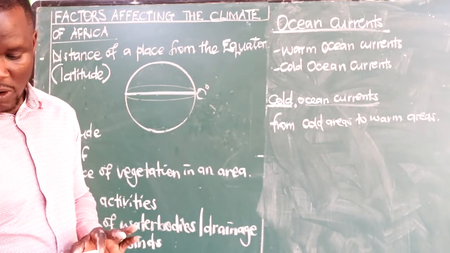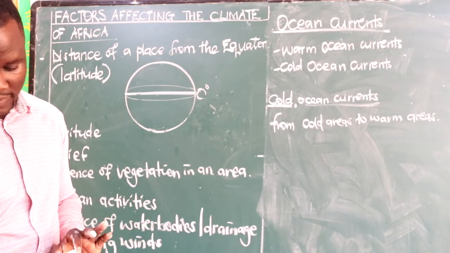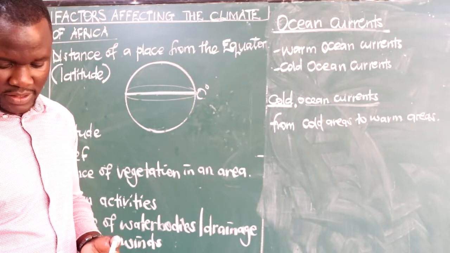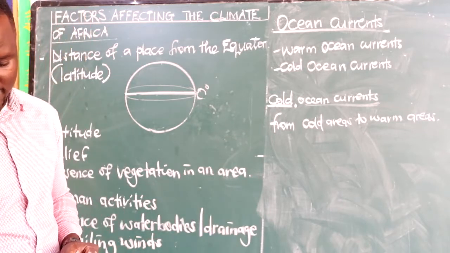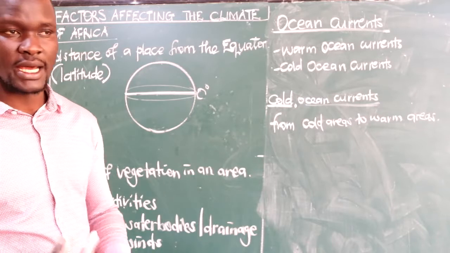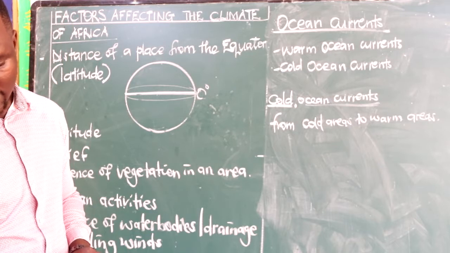So that is how ocean currents affect the climate of an area. We have the cause, what brings ocean currents: the prevailing winds, and also the differences in air pressure in an area, resulting in what we call ocean currents.